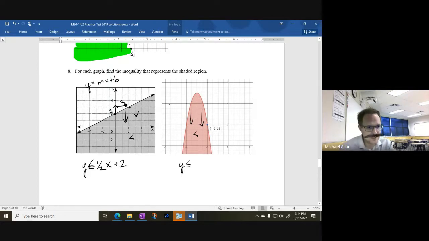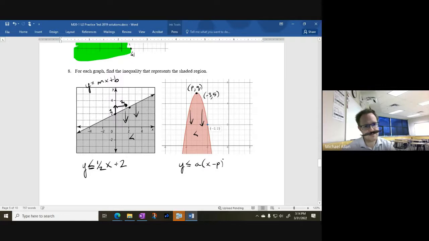This one here is a little trickier because I've got to determine the a value and the p and the q. My vertex is my p and my q. So my vertex is -3, 5. Okay. So what we know so far, I'm going to solve this one using this formula here.